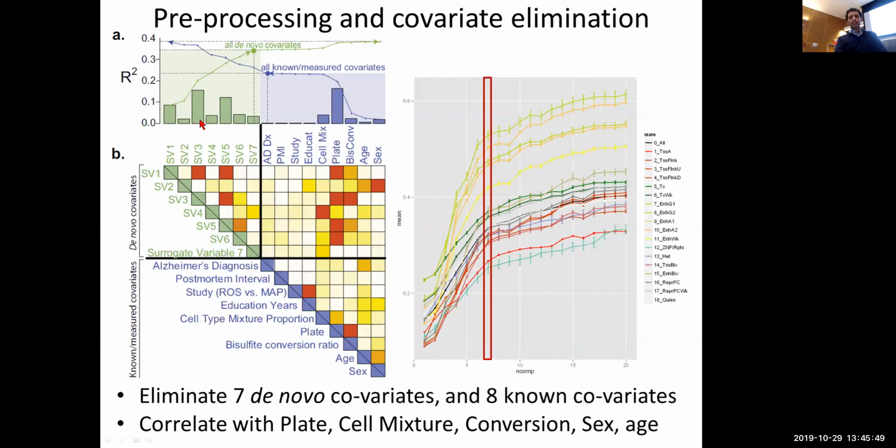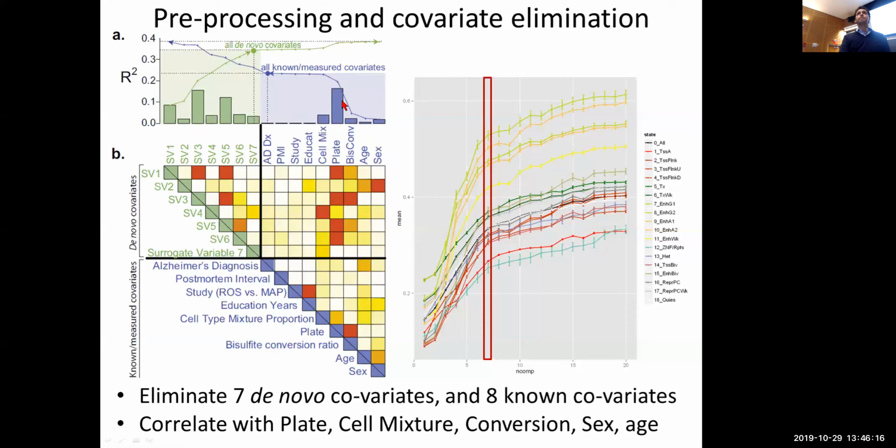And then what you can see is that different vectors capture different amounts of the total variance. And as you start adding these vectors together, you get more variance explained with the first 7 principal components than with all of the known or measured covariates. So that shows the importance of doing these global analyses that are completely unbiased, because these can capture many more confounders than the known covariates.